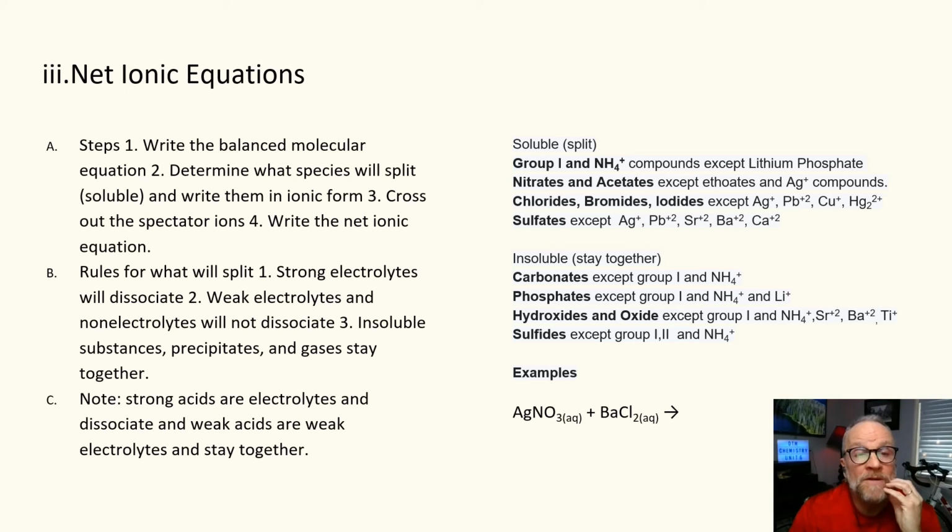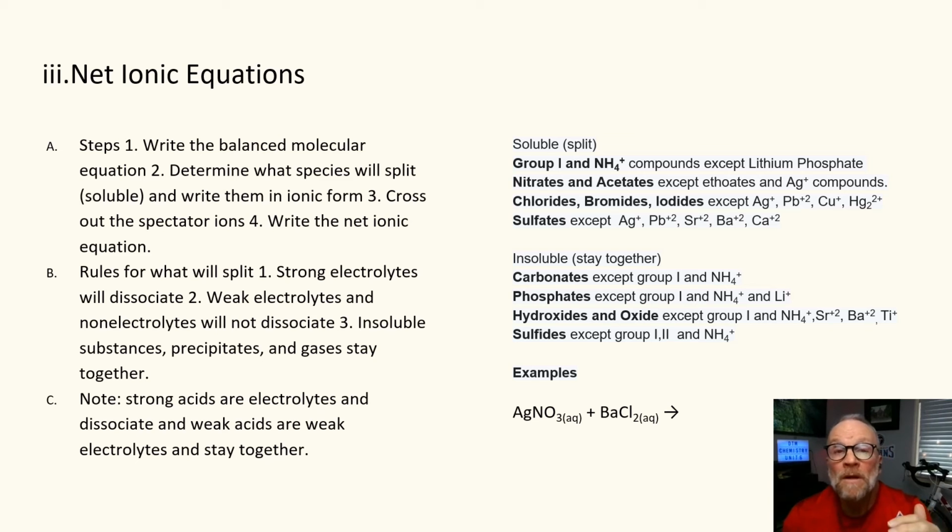All right, so the steps are: write the balanced molecular equation. That's just like we did in the previous slide with double replacement reactions. You put the charges above the symbols, and you pair things of opposite charge on the product side. You charge balance those products by crisscrossing the charges to make sure they're charge balanced.